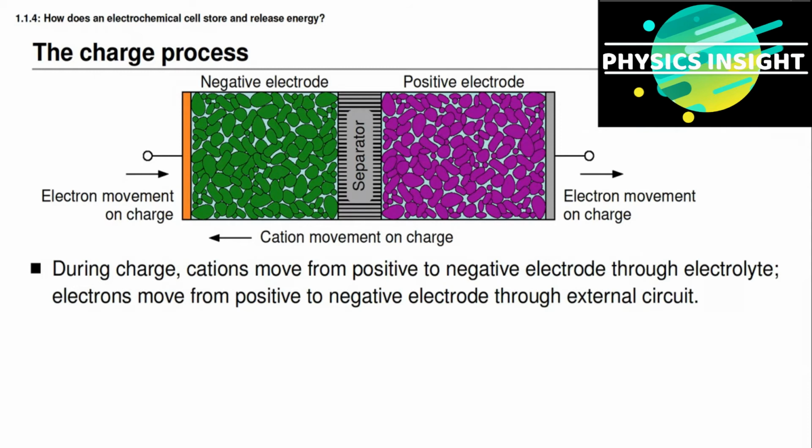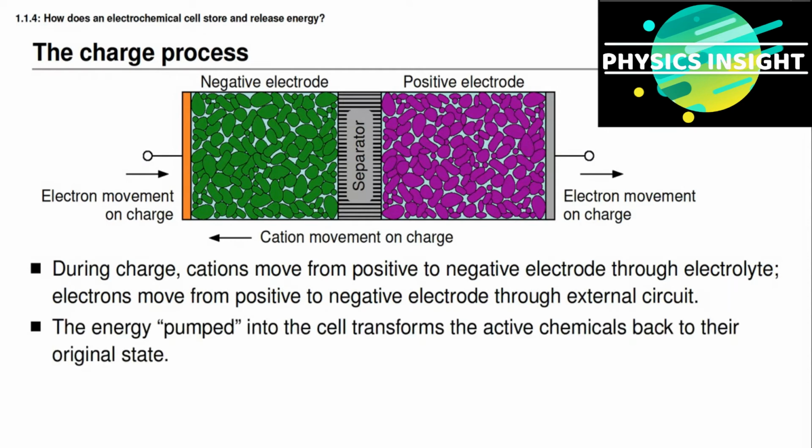I bring back the same diagram of the cross-section of the battery cell to illustrate the charge process for a secondary cell. As you might imagine, it's exactly the opposite of the discharge process. During charge, the cations move from the positive to the negative electrode through the electrolyte, and the electrons move from the positive to the negative electrode through the external circuit.